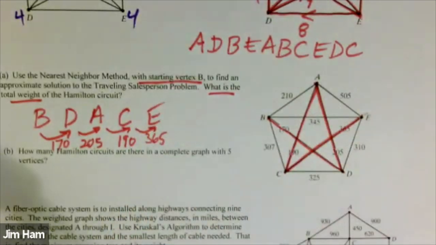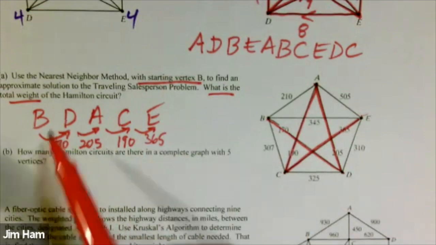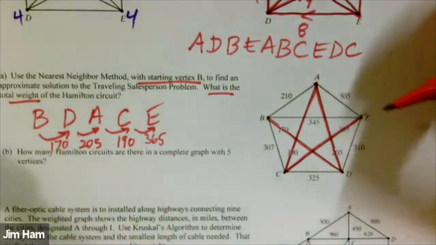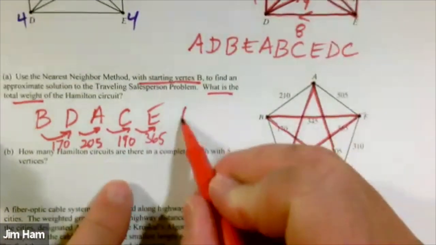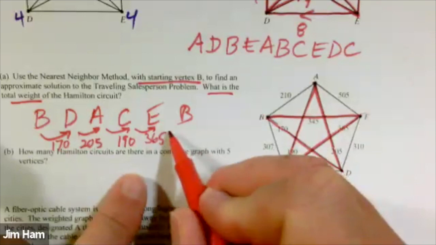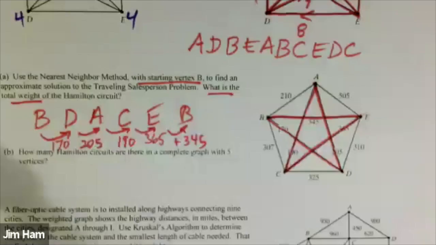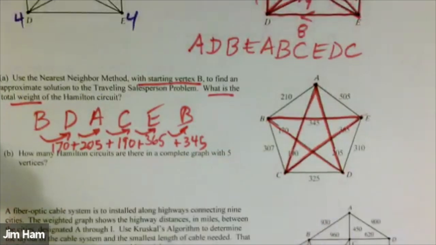And since the traveling salesperson problem involves a circuit, since we started at B, we have to end at B. So we have to come back this way, and we have to add that last weight. Okay, so if you add up all of those, that would be the weight we're talking about.